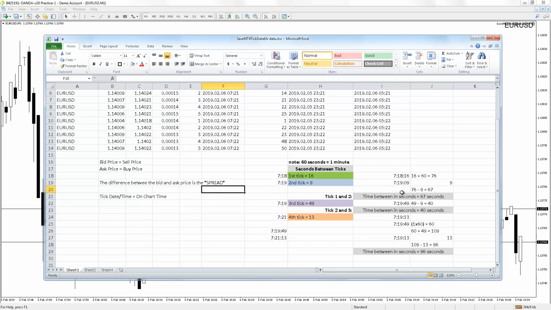So the first tick took 67 seconds. The second tick was 40 seconds. The third tick, or the fourth tick gap, was 96 seconds. So really slow price action, right?